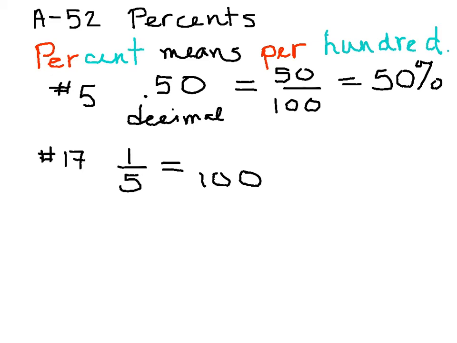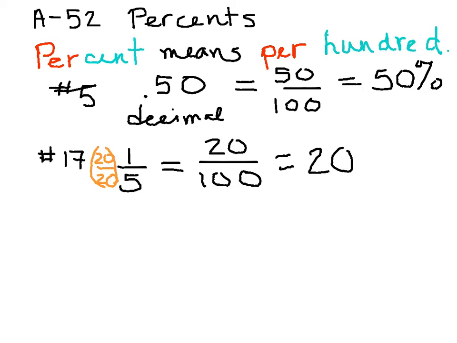What can I multiply 5 by to get 100? The answer is 20. So let's multiply top and bottom by 20. 20 times 5 gives us 100, and 20 times 1 gives us 20. So 20 out of 100 means that I have 20%.